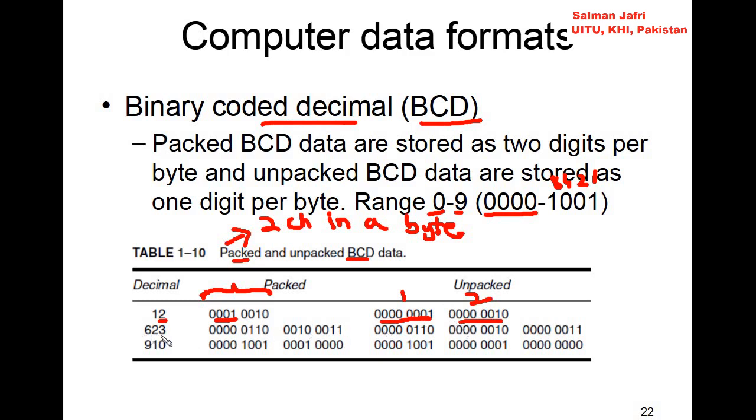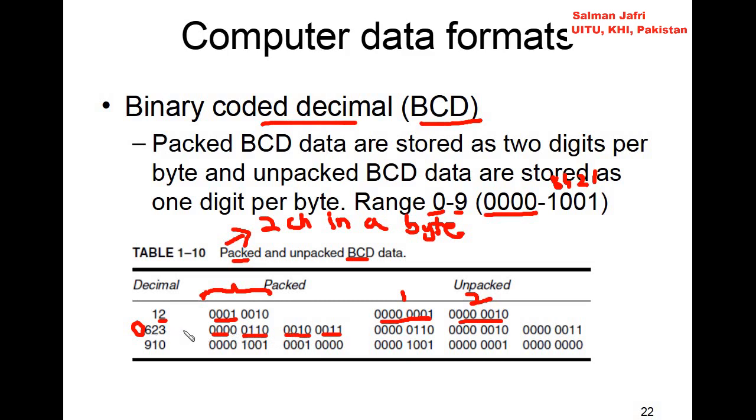Similarly, 623 would be stored in packed form by converting it first to 0623. So for 4 digits we require 2 bytes of packed BCD because 1 byte stores 2 BCD digits.